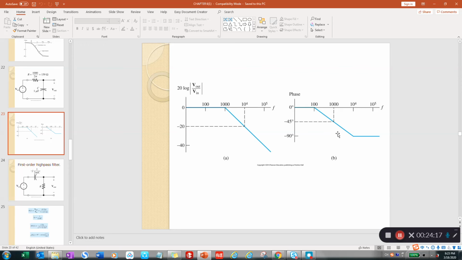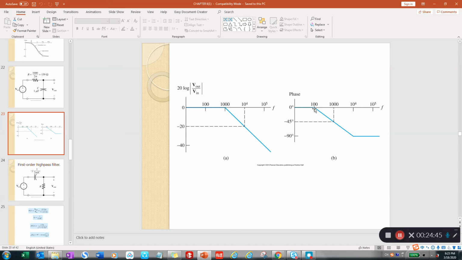The same thing. We know the break frequency equals 1000. We will put it in the middle of our frequency range. Then we know that at 1000, the phase angle is negative 45. So you get a point here. Then we identify a tenth of the break frequency, which is 100.